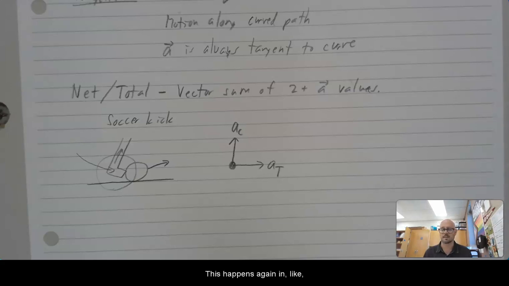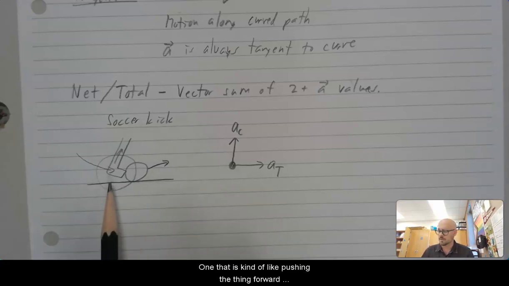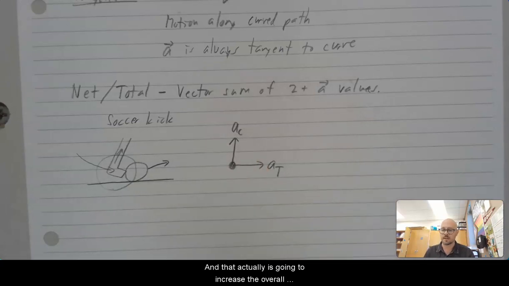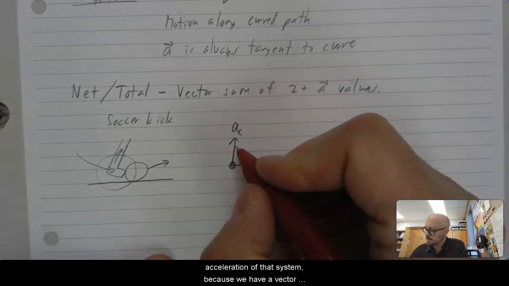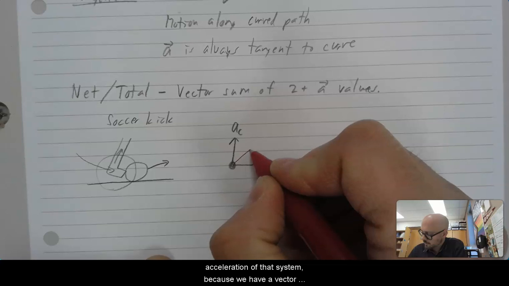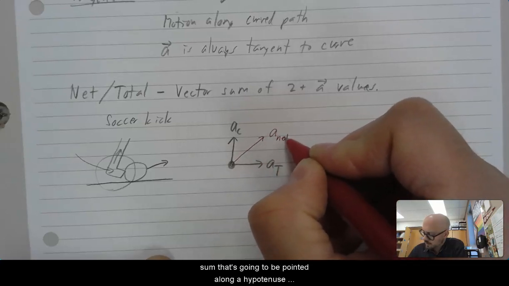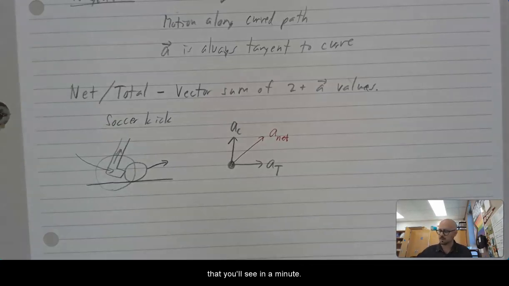This happens again in baseball swings, baseball throws, tennis serves and shots, basically anything where you're swinging something or throwing something. You generally have two types of acceleration, one that is pushing the thing forward, and the other one that's pulling it. And that actually is going to increase the overall acceleration of that system, because we have a vector sum that's going to be pointed along a hypotenuse that you'll see in a minute.